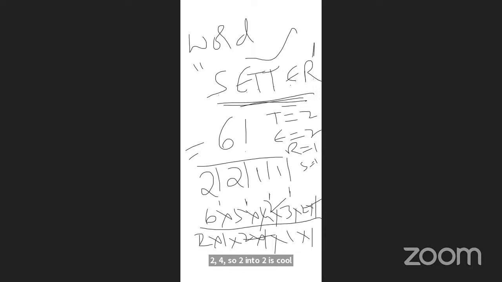Now you have 6 fives are 30, 60, 60 into 3, 180 ways. So this is equal to 180 ways. This is your answer. So this is a permutation where SETTER can be arranged like this. Are you following?